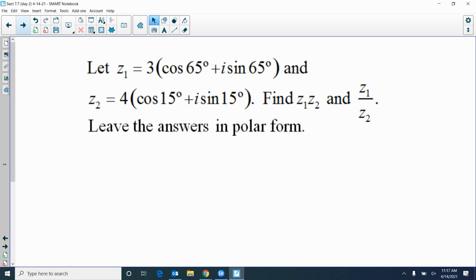So for this case, Z1 times Z2. Let's multiply those two together. The process here isn't hard as long as you remember it.